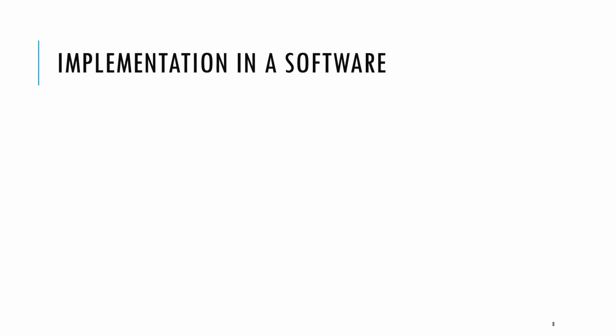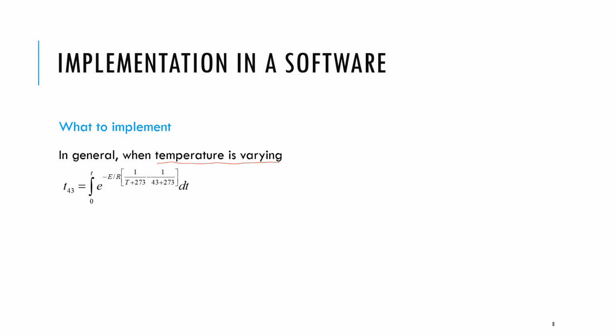So now we talk just a little bit about implementation of this calculation in a software. Again, when the temperature is varying, we keep referring to this as the equivalent heating time at 43 degrees for an actual heating where the temperature could be changing with time.